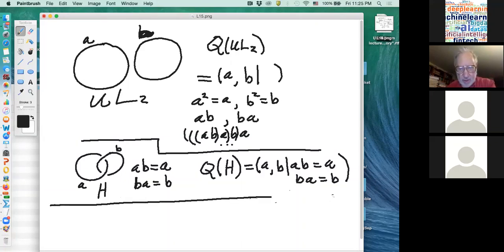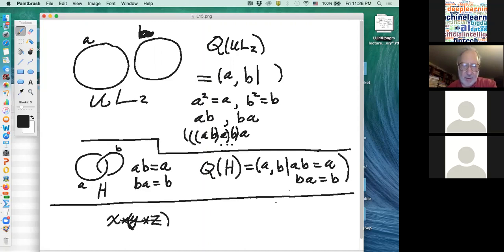But as long as we're talking about general algebraic things, I do want to show you an interesting identity, a general identity. Suppose that you had x times y times z, associated in that funny way, like that, right?